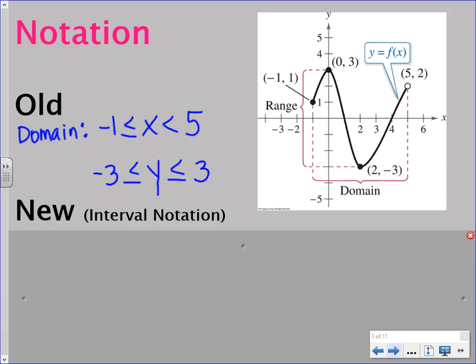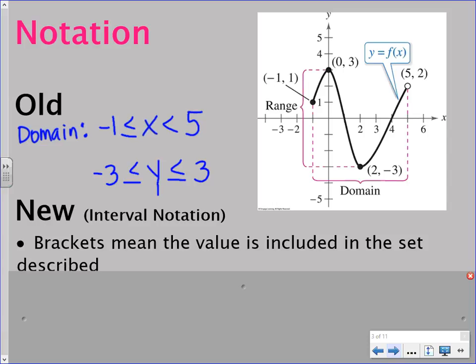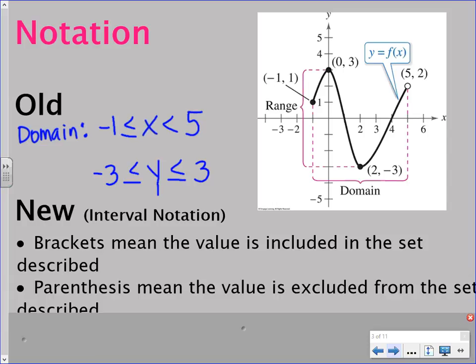If it wasn't included, it was just a regular old alligator. Okay? New notation. Brackets are going to be the inclusive. Okay? Brackets versus parentheses means not included.